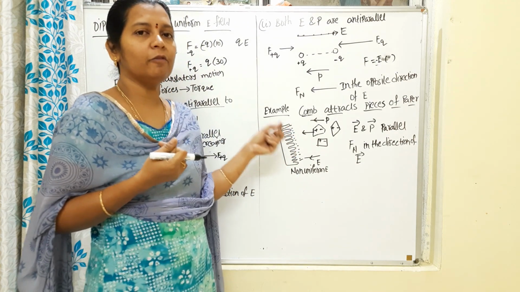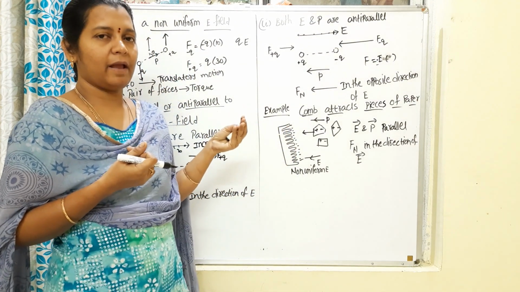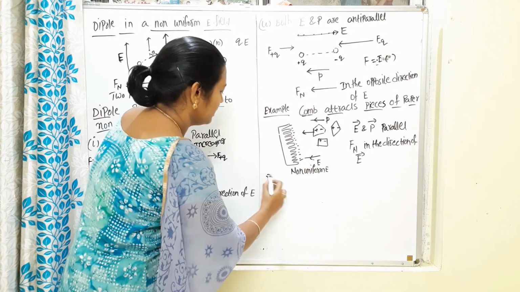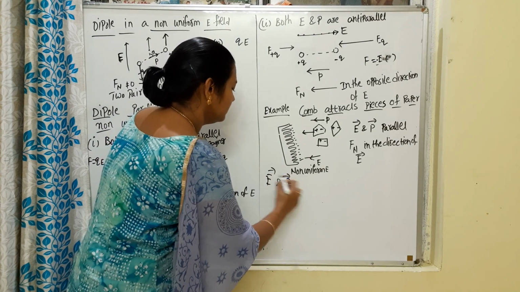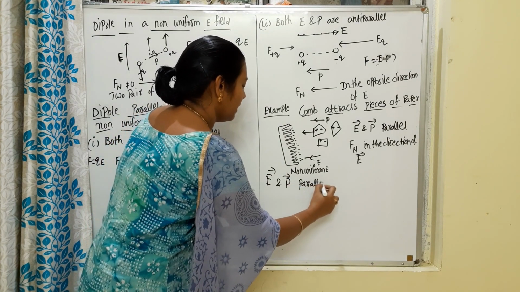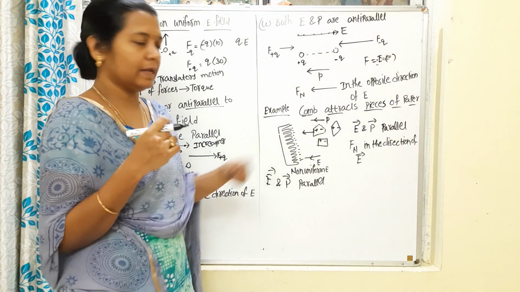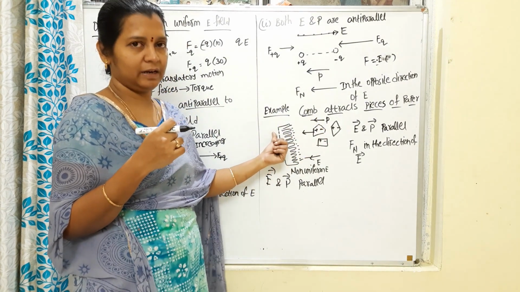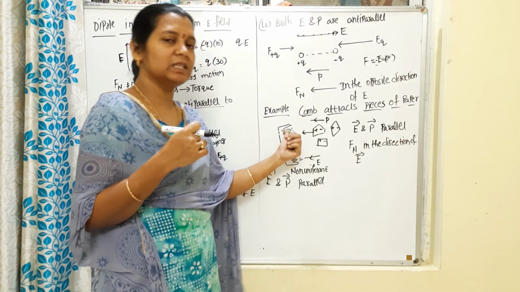That is the reason why bits of paper are attracted to the charged body: because E and P are parallel. So if E and P are parallel, the net force experienced by the pieces of paper is along the electric field, that is, towards the comb.